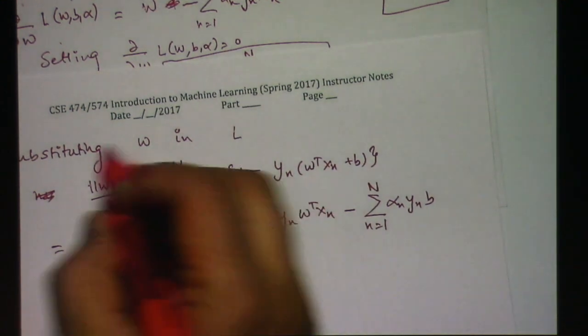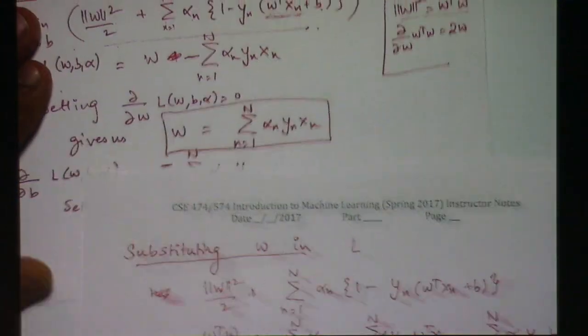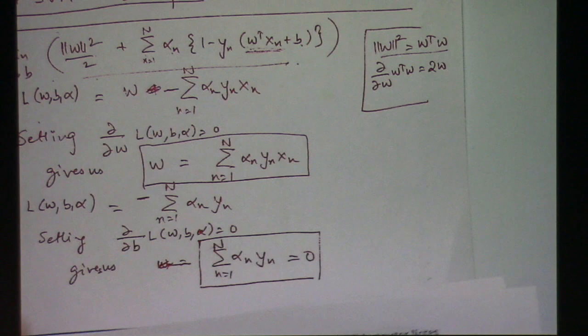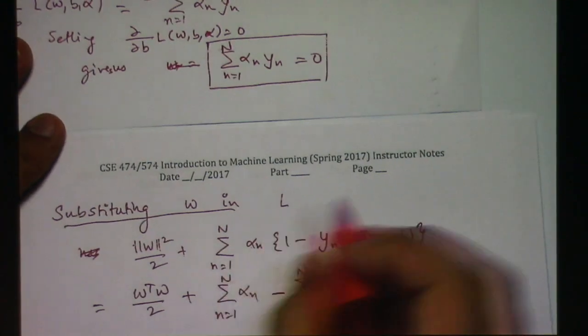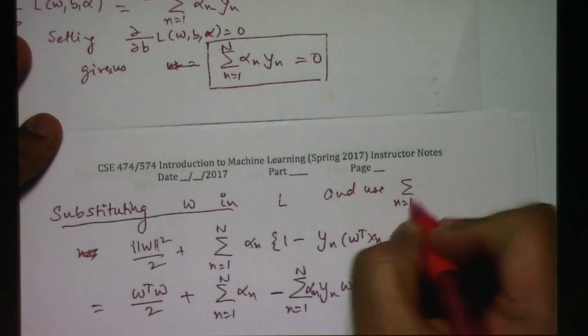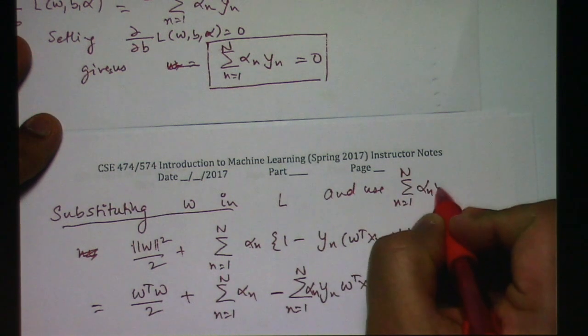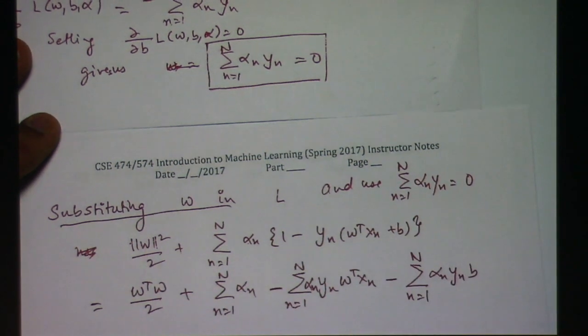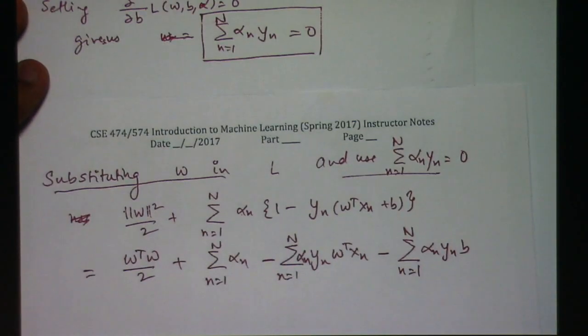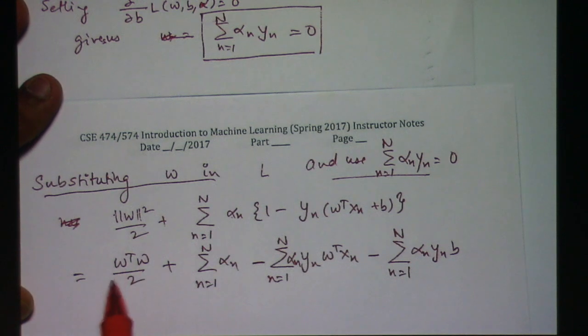Then we are going to use these two results. We know that W is this, and we know that this summation, summation n equal to 1 through n of alpha n yn, equals 0. So we have these two things that we found out by minimizing the previous Lagrangian.